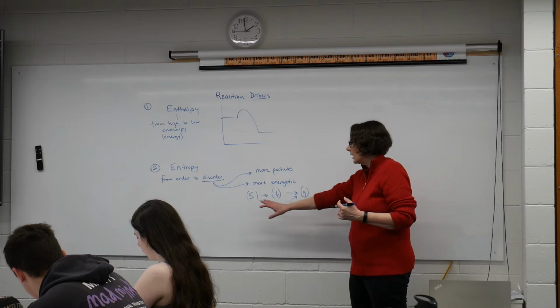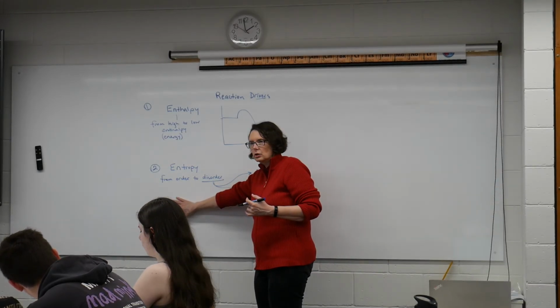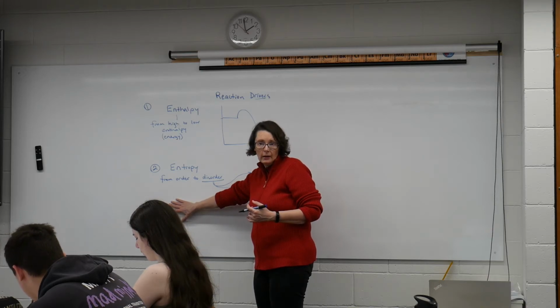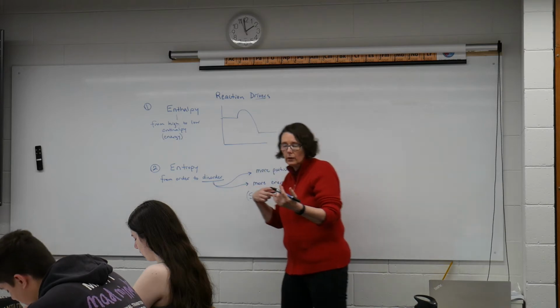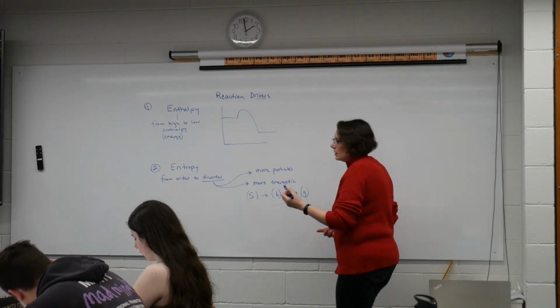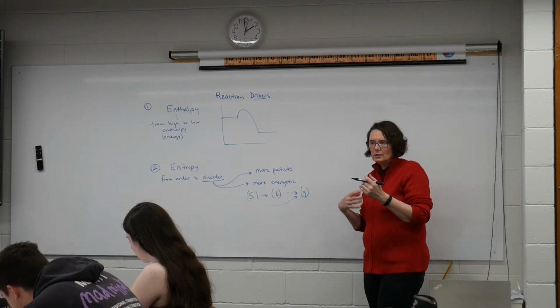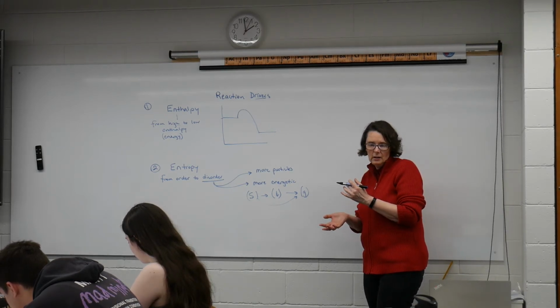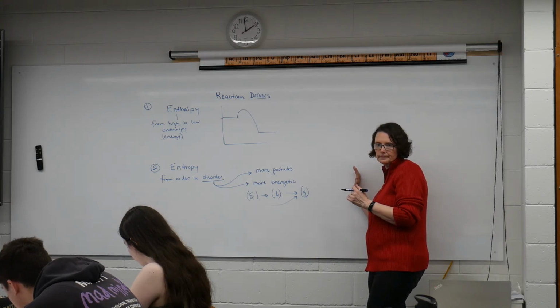If it's an endothermic reaction, then entropy has won. Okay, if it's a battle between them, if one is driving the forward reaction and the other is driving the reverse reaction, we can see who wins by the value for the delta H.